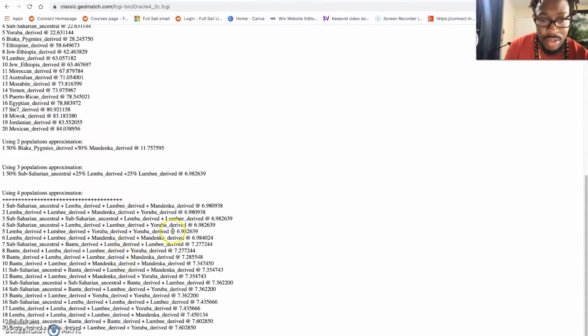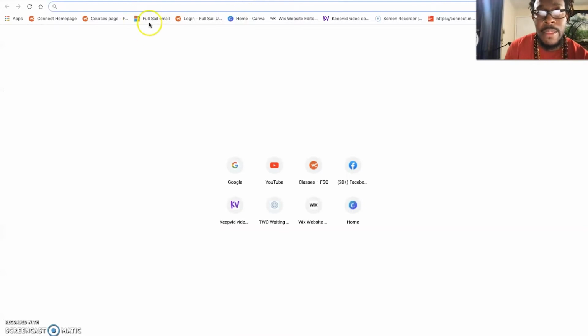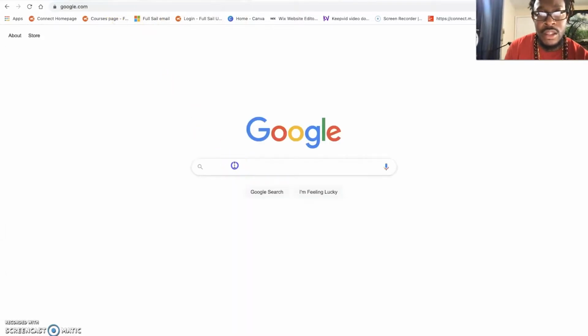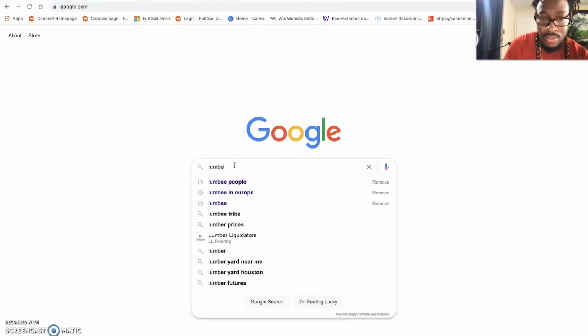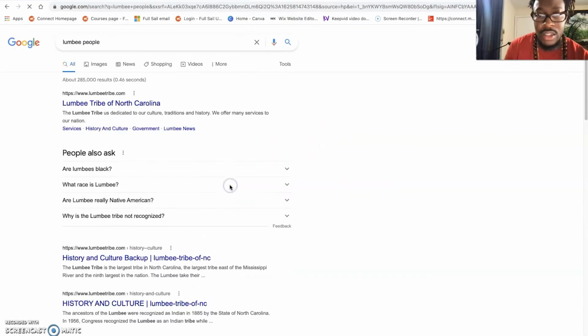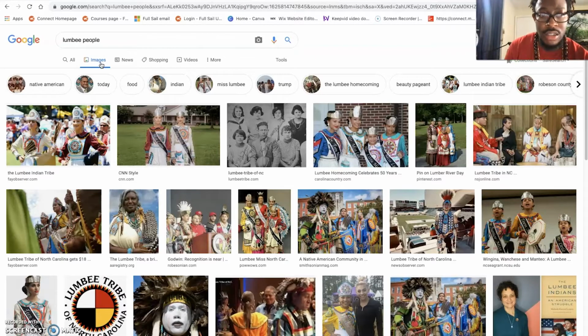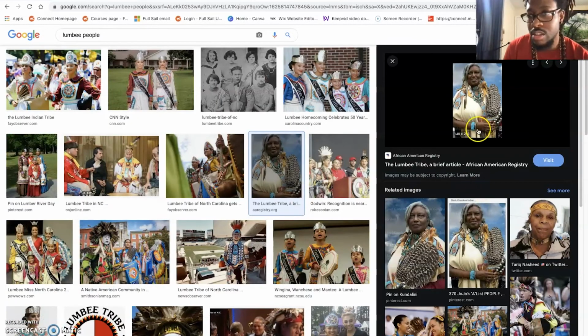So Lumbee, but let's see who the Lumbee are. The Lumbee people, let's see. See, they're from North Carolina. So yeah, we have some black people that's in the Lumbee right here.